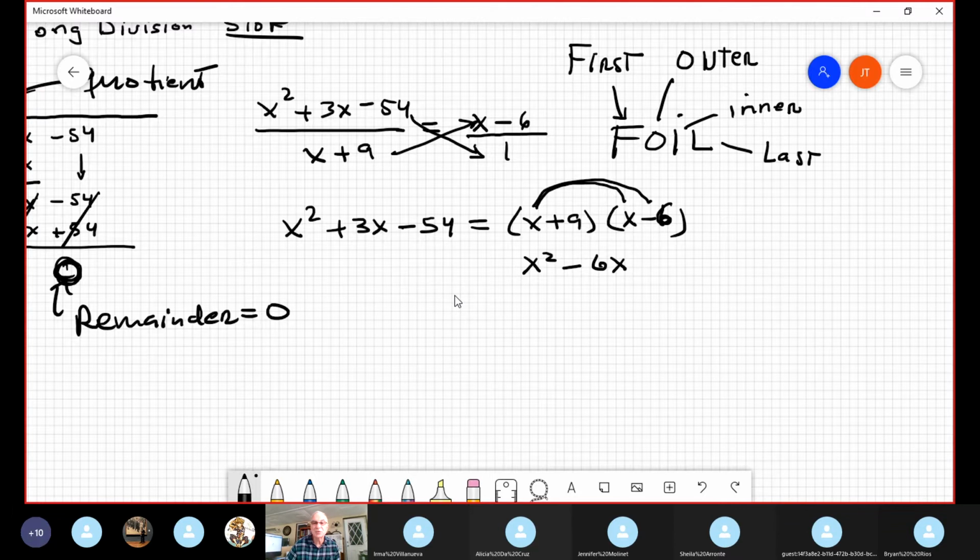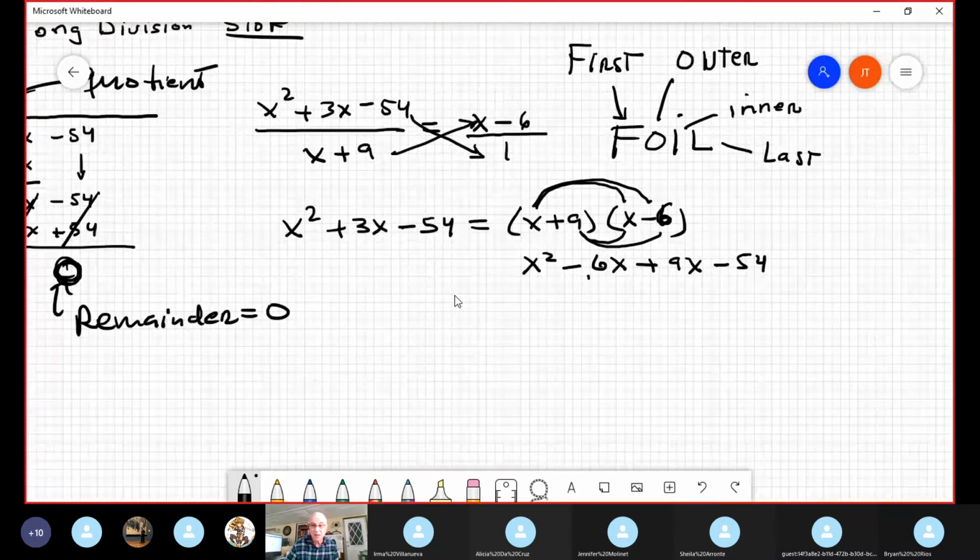So basically, when you multiply two binomials, we have 4 combinations, no? And the 4 combinations are first, outer, inner, and last. The order is not important. But why not memorize something in order to organize my brain, no? So 9 times x is 9x positive, of course. And last is positive 9 and negative 6, which is minus 54.